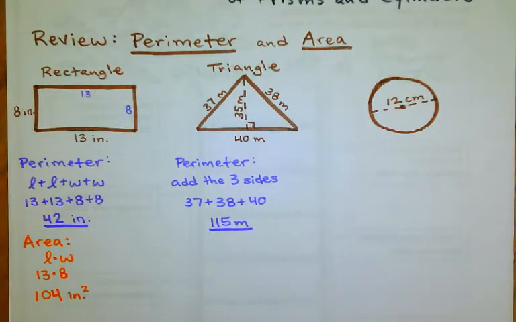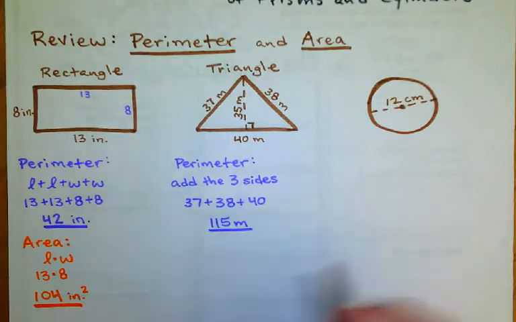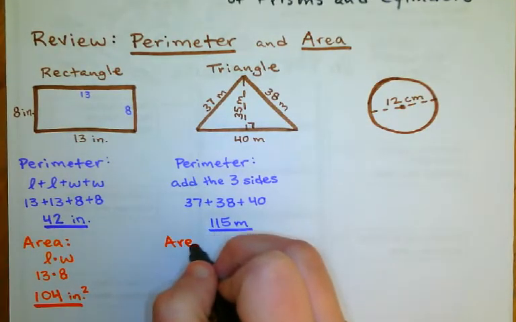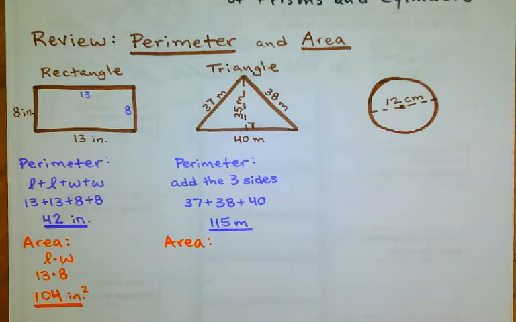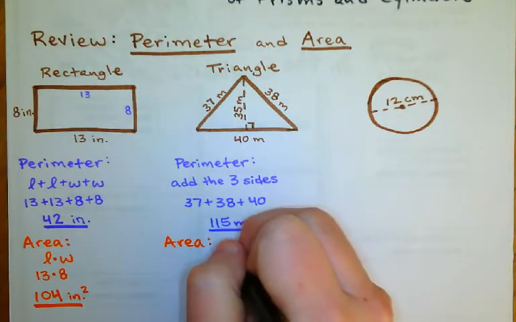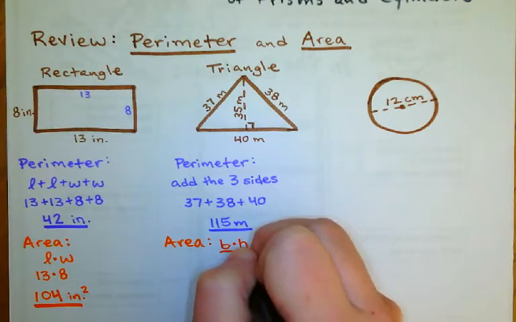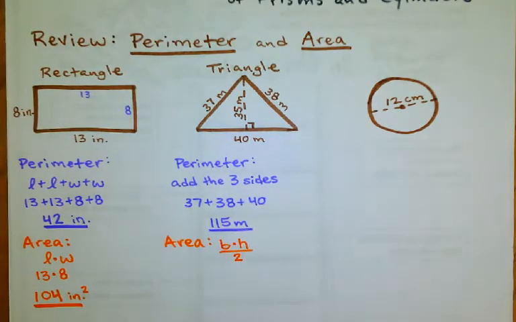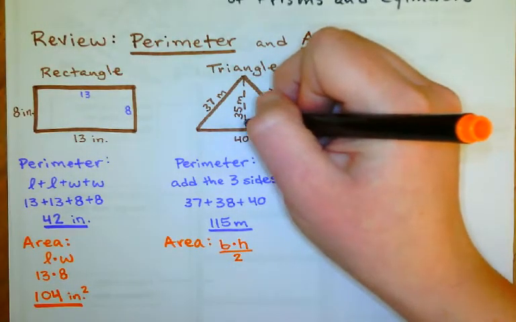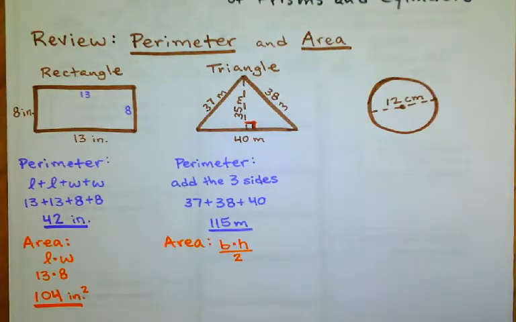Alright? To find the area of a triangle, do you guys remember that? Area of a triangle is your base times the height of your triangle divided by 2. Base times height divided by 2. Alright? The base and the height of your triangle will always have a 90-degree angle. That will tell you which one's your base and which one's your height. Alright?